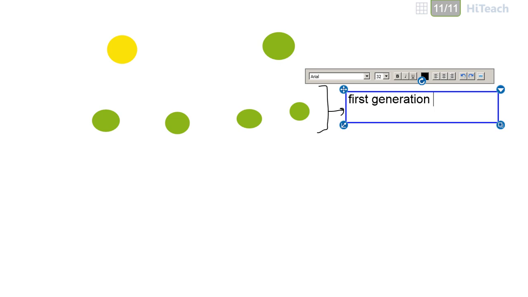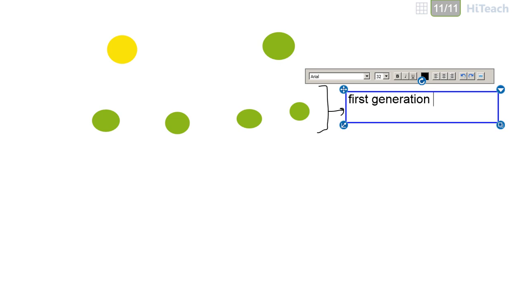Then what did he do? He allowed this first generation to make self-pollination. Again, he allowed the first generation to self-pollinate.